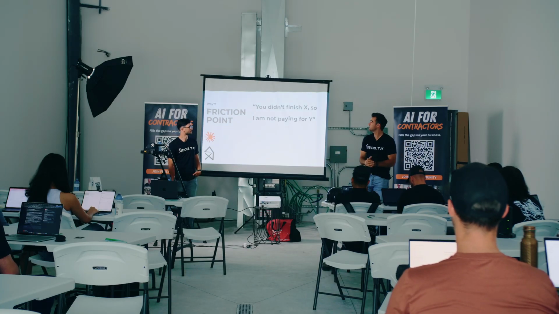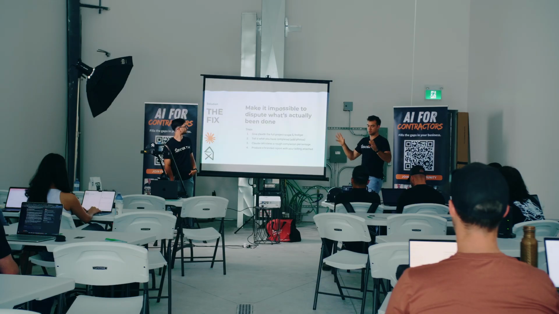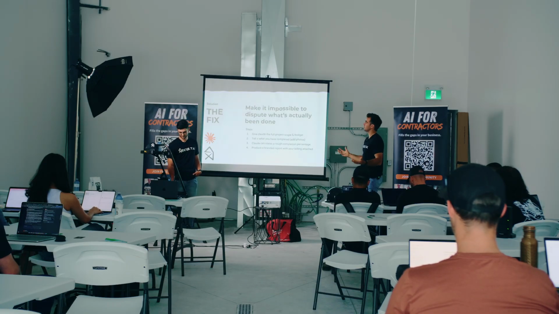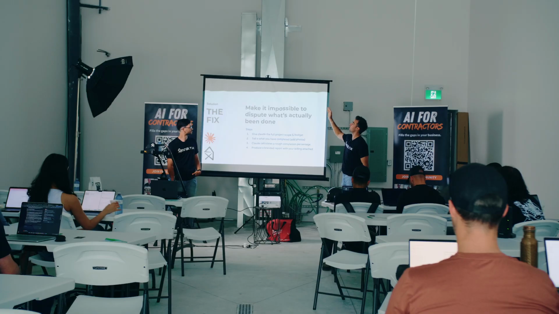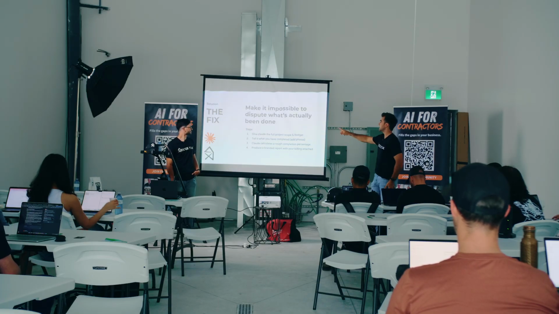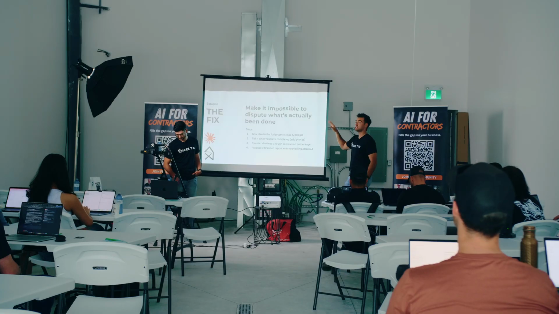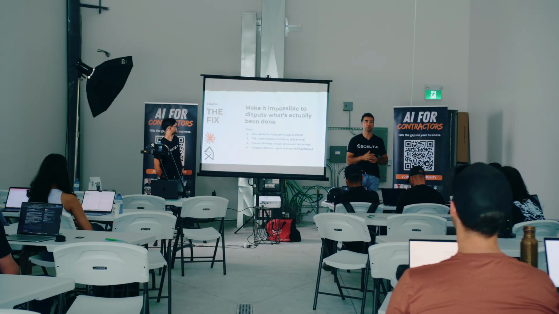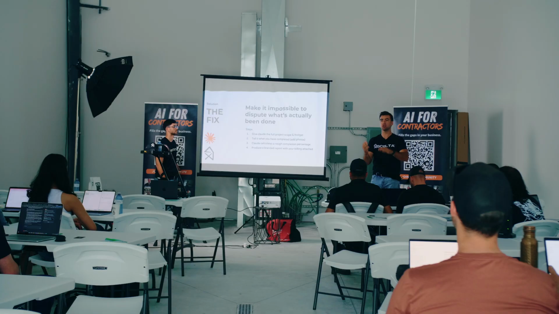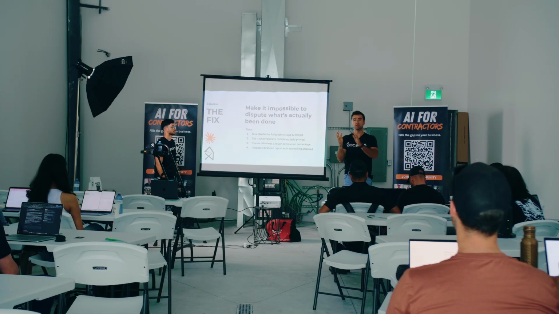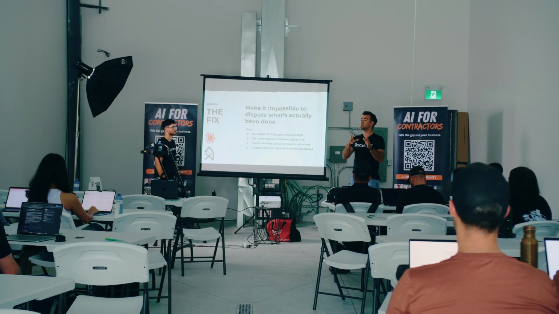Fair enough. Okay. So here's the fix that we came up with, which I think we've seen a lot of people successfully do, is make it impossible to dispute what's actually been done in 4 steps. So give Claude your entire project scope and budget for what you're about to do, right? So if you're in a chat, you're going to give Claude your entire project scope, your entire budget of line items, and then what you did.